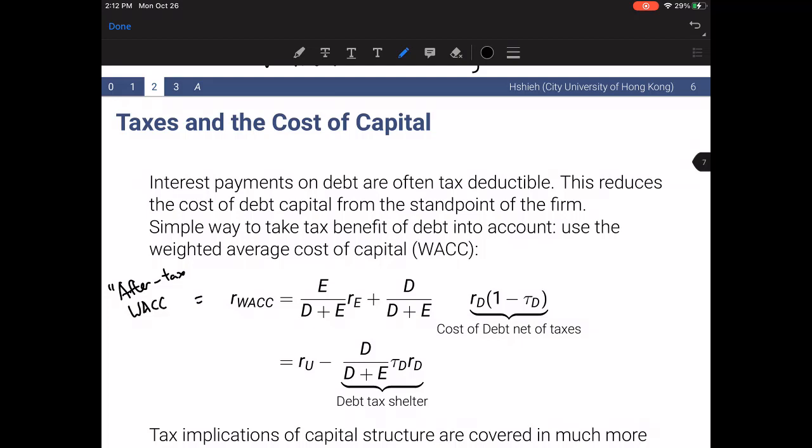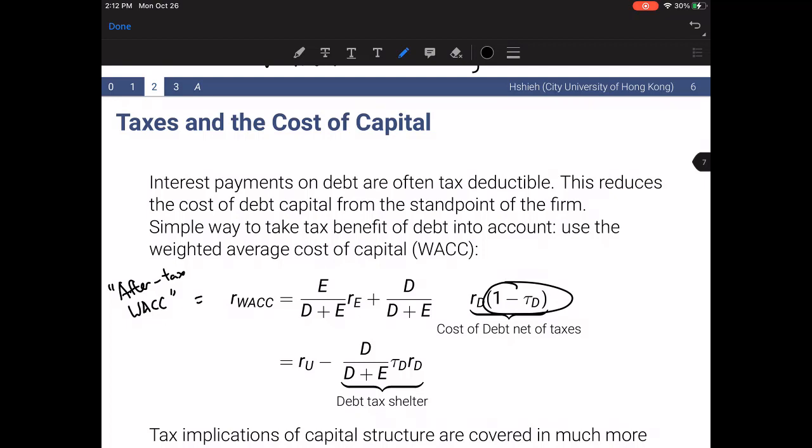The after-tax WACC just means we are now incorporating tax shields into our discount rate. And we can do this, as shown in this equation here, by multiplying our cost of debt, RD, times 1 minus the tax rate.